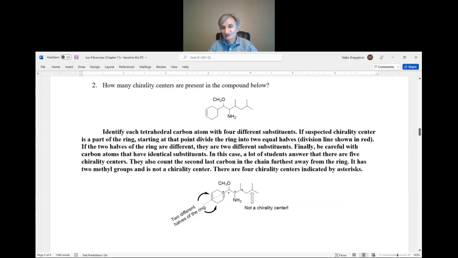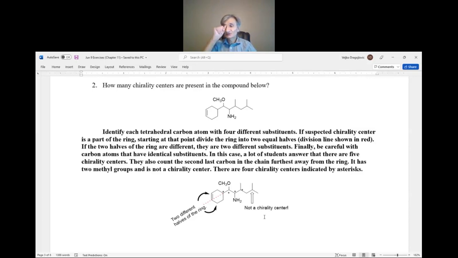This one is labeled with a star, and that's how we label a chirality center, with a star. It has this whole large group, and the hydrogen is not shown. So hydrogen and this group are 2 different substituents. And then the question is the ring part: do those constitute 2 different substituents?